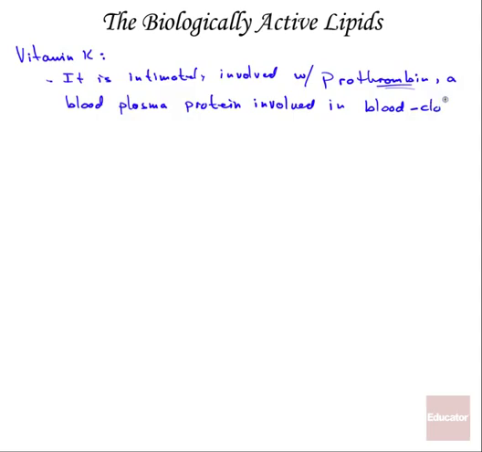So vitamin K, very, very important for blood clotting.